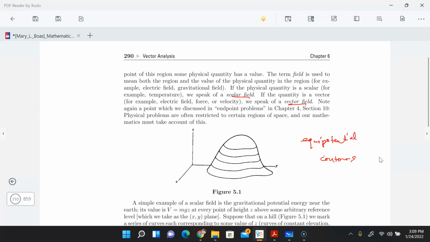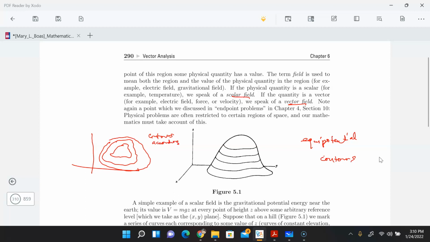You probably have seen maps before where you draw contours that show you the height of a particular hill, for example. So one could have something like this. These are contours according to height.